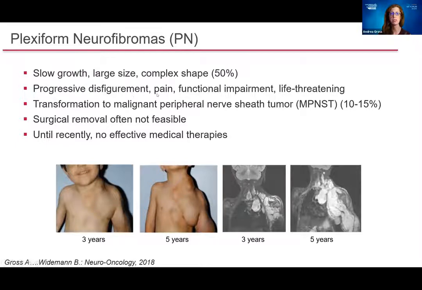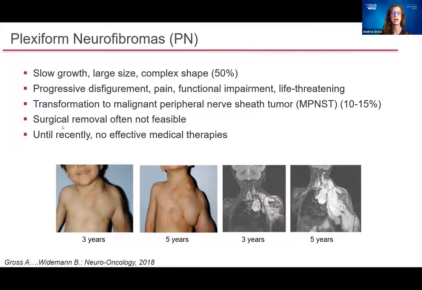Depending on their location, they can cause disfigurement, pain, and difficulties with function like breathing or bowel or bladder function, and in some rare but significant cases, they can be life-threatening. Also, we know that there's a risk over the course of one's lifetime in about 10 to 15% of patients for these benign tumors to become highly aggressive cancers.